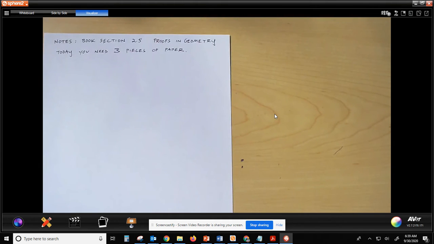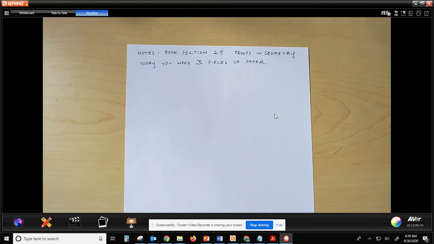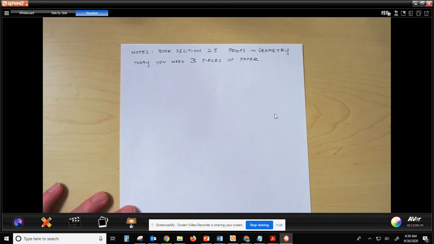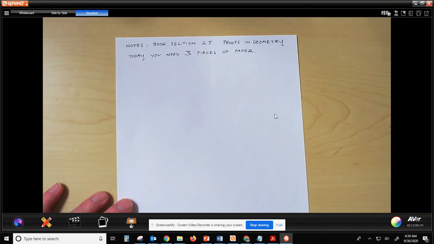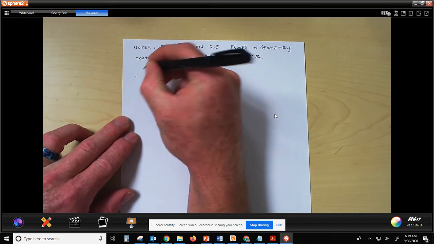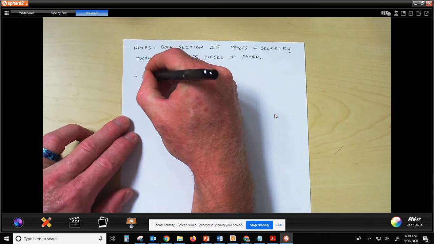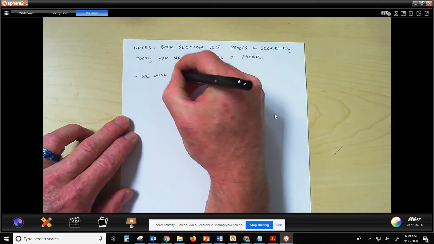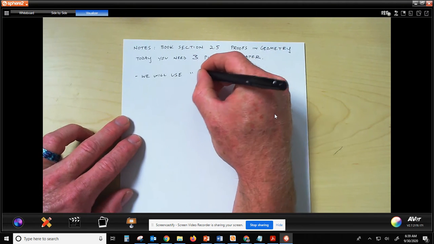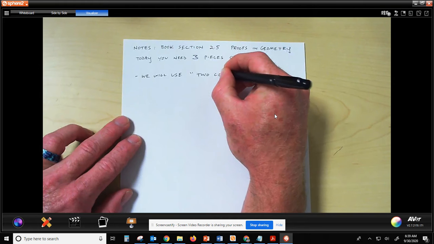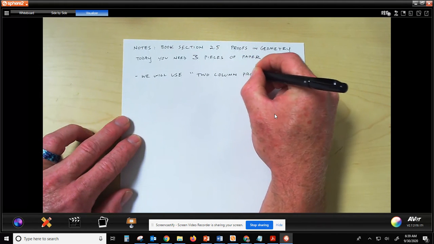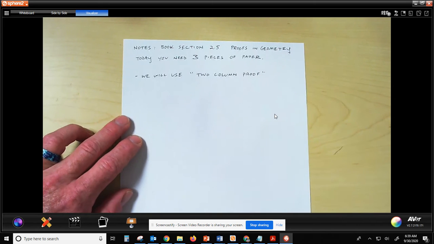Okay, so here I go. It's section 2.5 in the book, which has many more examples of proofs with answers given if you look at your online textbook. And we will use a 2-column proof as a format.